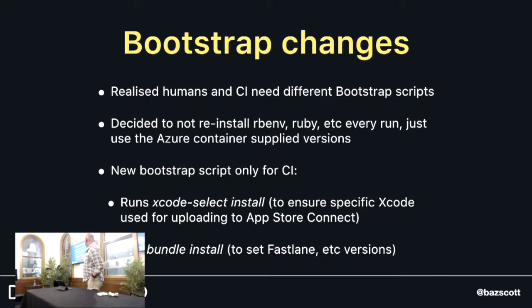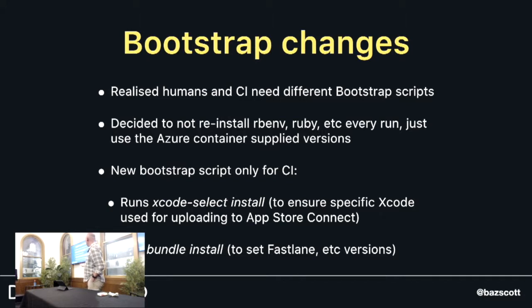I decided to not reinstall Ruby every time because the container that Azure DevOps spins up has Ruby. I don't need to be that strict about exactly which version of Ruby I use. I can just use whatever the container uses. And if that means that a developer needs to keep a version of Ruby on the machine, fine, no big deal.